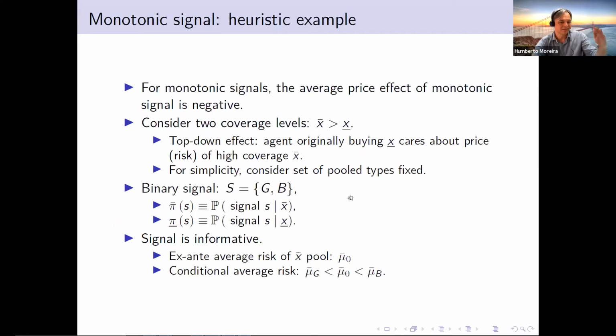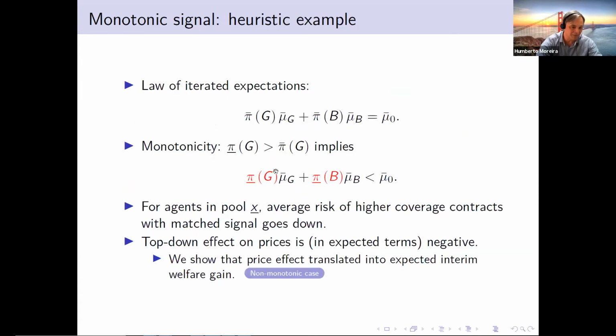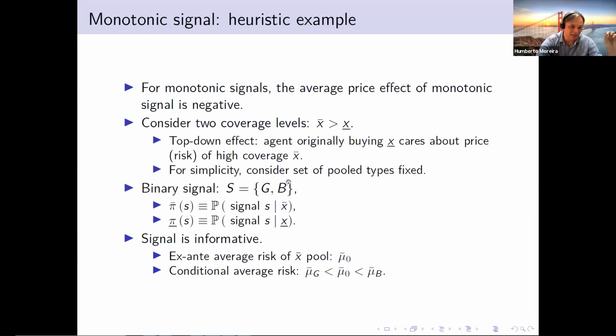I won't have time to go, it's a pity, but I won't have time to go really into the intuitive idea here. But if you see the effect through the statistical element, it's true that you have an equilibrium. So as you disclose, you're going to have the reaction of the agents. They are going to re-optimize and choose different coverage. But suppose that the only thing is a statistical effect.